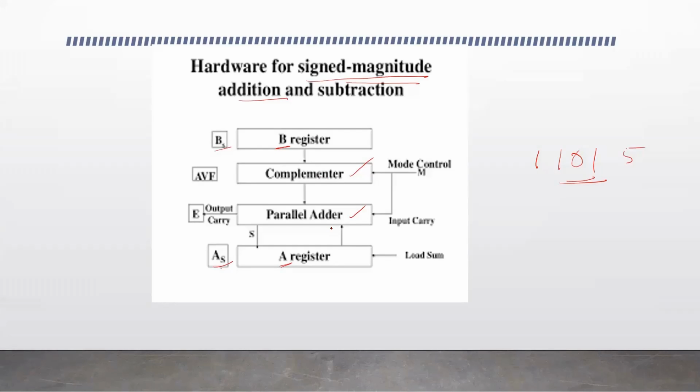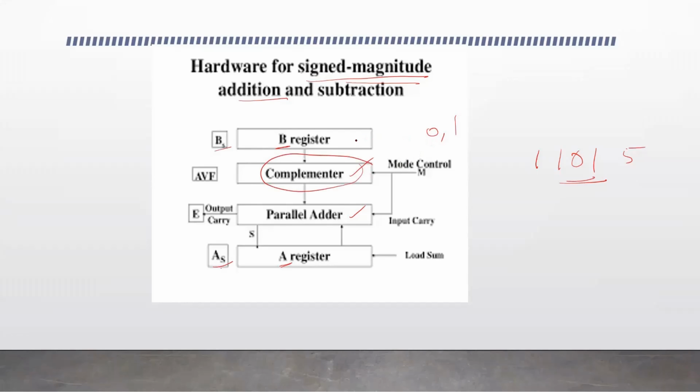So how it is internally done is, we have an M bit, that is a mode control. It may be either 0 or 1. If the value of M is 0, that means the operation to be performed is addition. No need of this complementer.